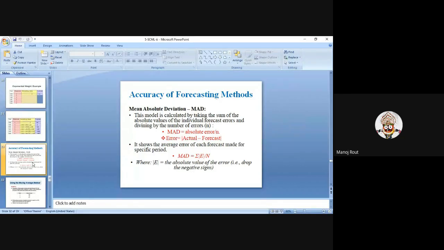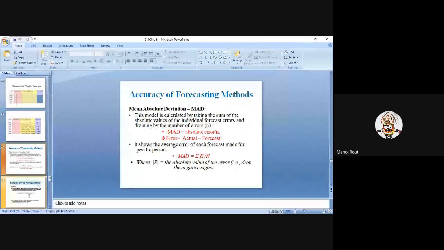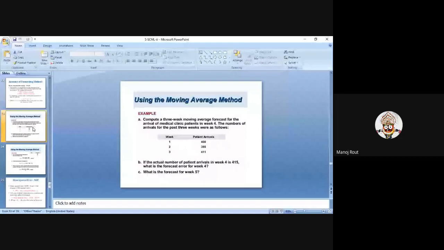Okay, all of you must note down these formulas. Then we'll proceed to a small example. This example is given using the moving average method.